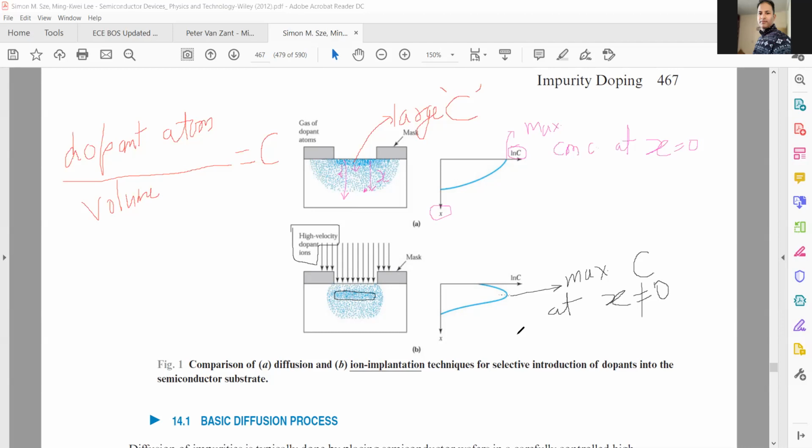This is one important point about the ion implantation process. And second, with this diagram we have learned how the concentration versus depth curves look like, and pictorially we can visualize the dopant ion distribution in the substrate.